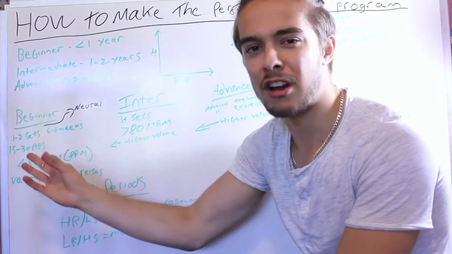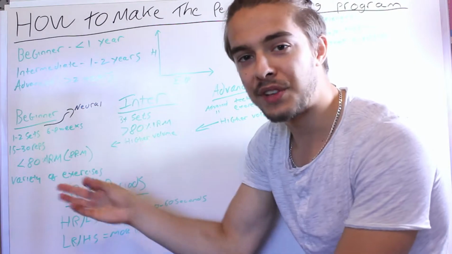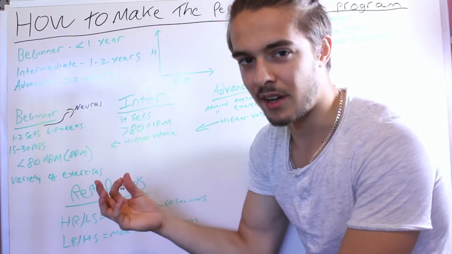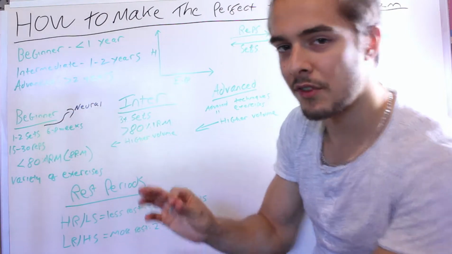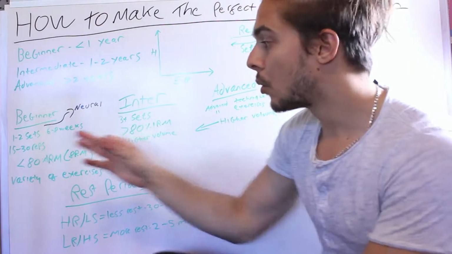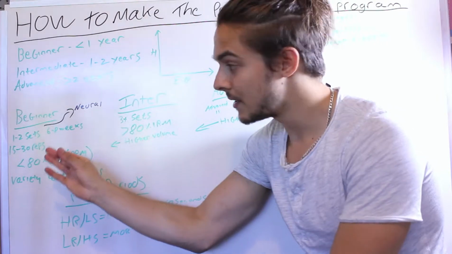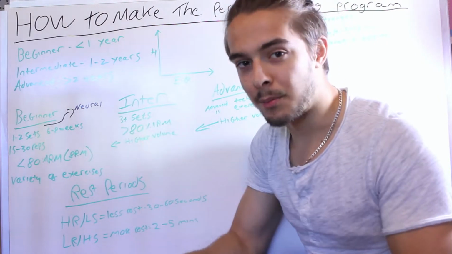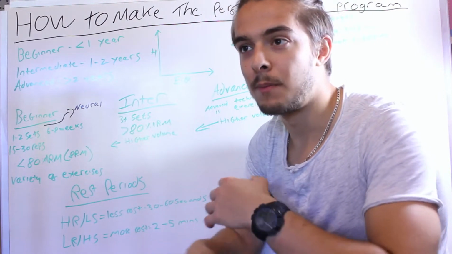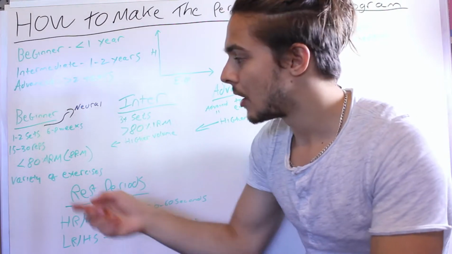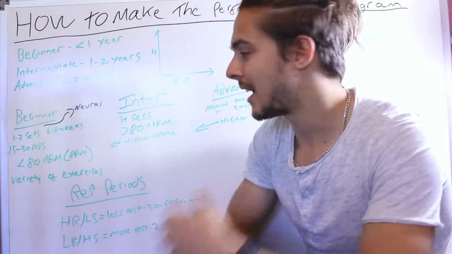So you'll see progression with 1 to 2 sets of an exercise. If that's you, all you need is 1 to 2 sets. After 6 to 8 weeks, now it's appropriate to add in a 3rd set.